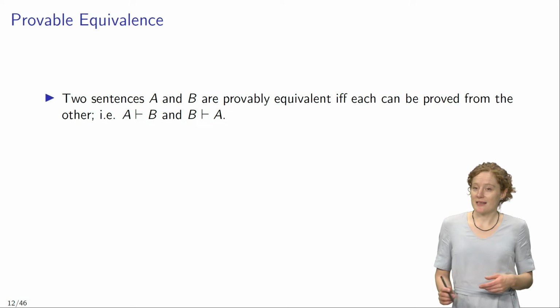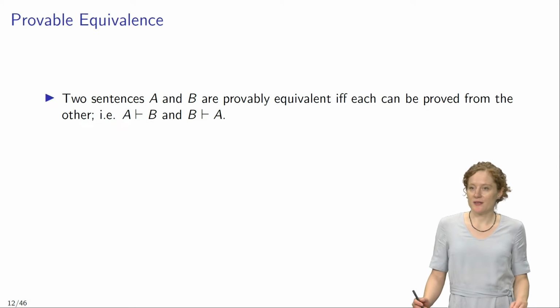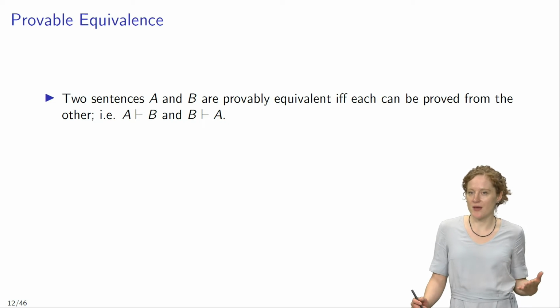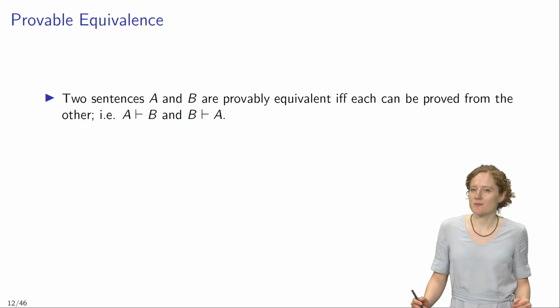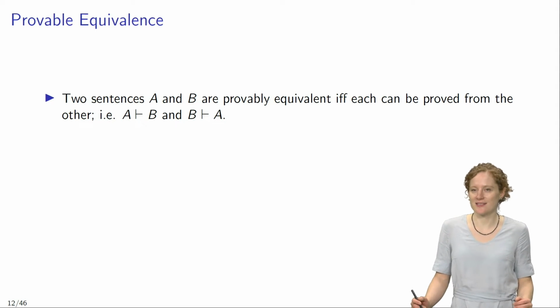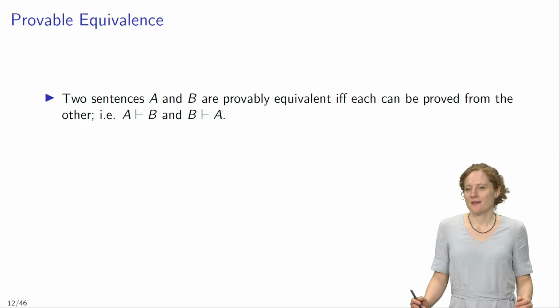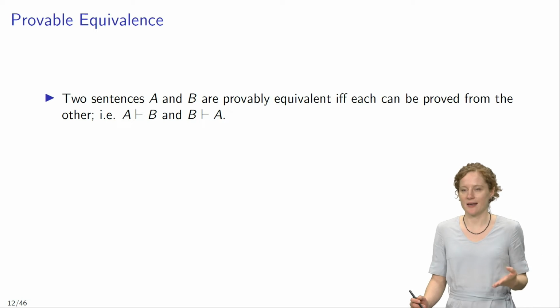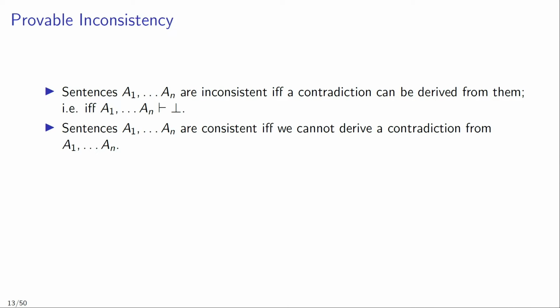Now, two sentences A and B are provably equivalent if and only if each of them can be proved from the other. And so we can express provable equivalence by means of the turnstile, that is, by saying A turnstile B and B turnstile A. Finally, sentences A1 to AN are inconsistent if and only if a contradiction can be derived from them.